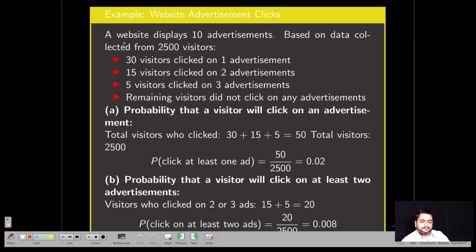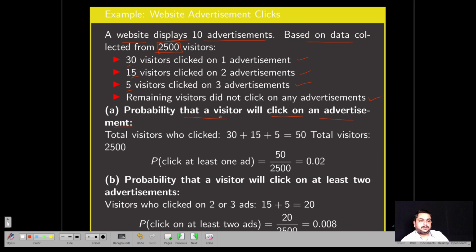I will take a simple example. A website displays 10 advertisements based on data collected from 2500 visitors. In that, 30 visitors clicked one advertisement, 15 visitors clicked 2 advertisements, 5 visitors clicked 3 advertisements. This is the data given to you. The remaining visitors did not click on any advertisement, out of 2500. Now they are asking what is the probability that a visitor will click on an advertisement.